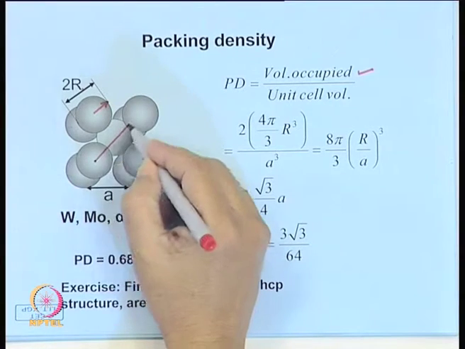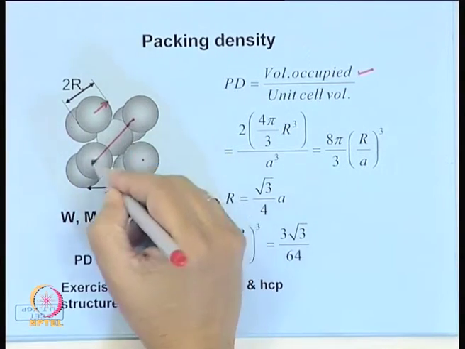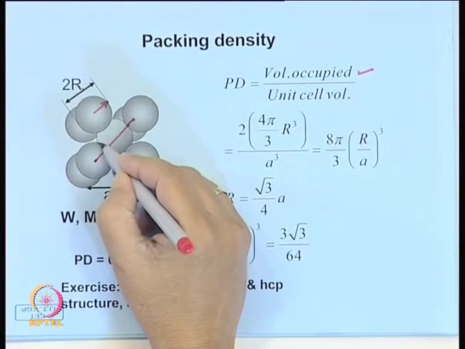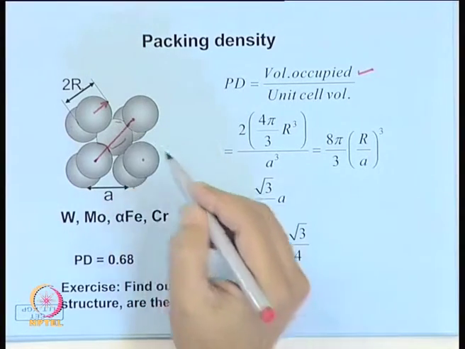So, in the diagonal direction from this point to the other corner at the back, you have part of this atom, whole of this, and a part of the other atom.